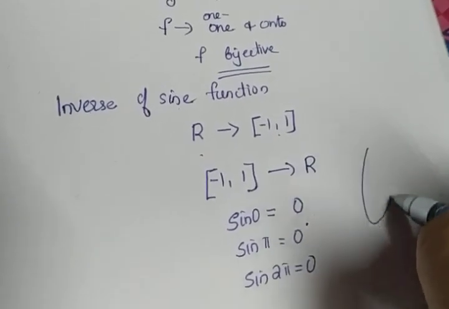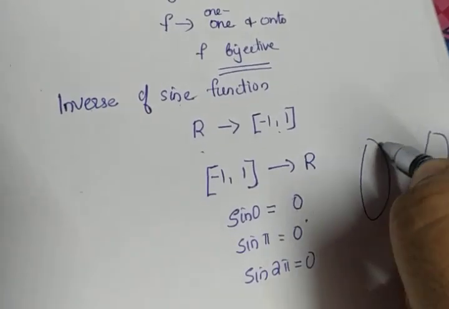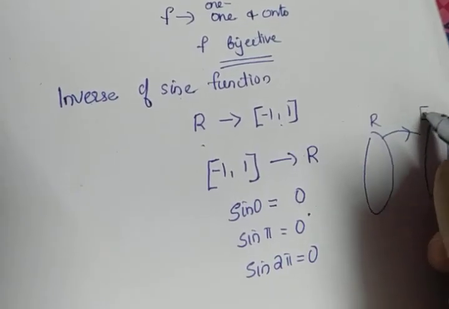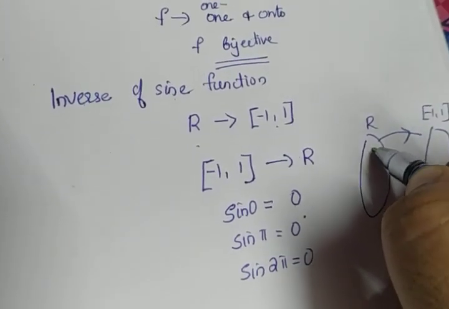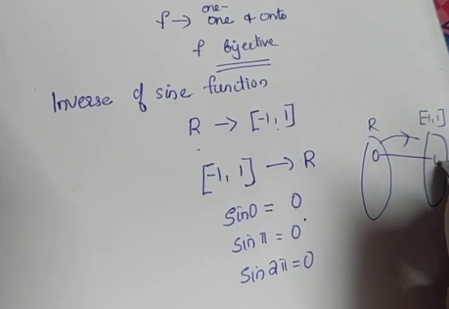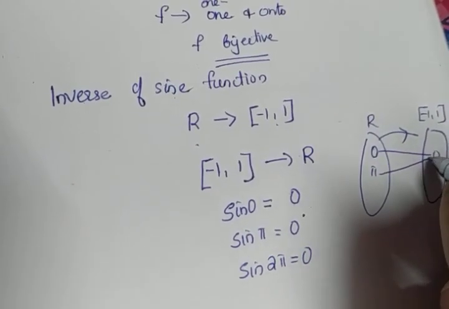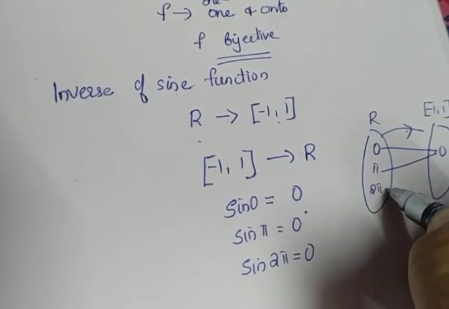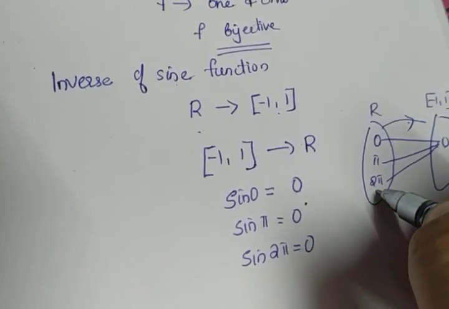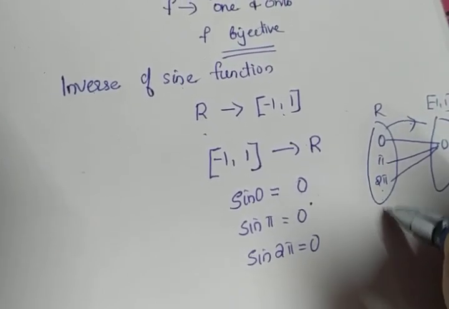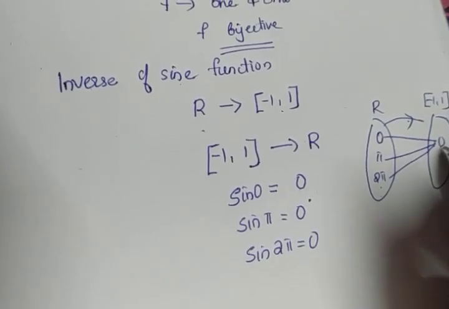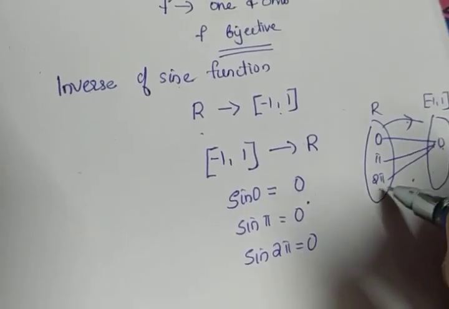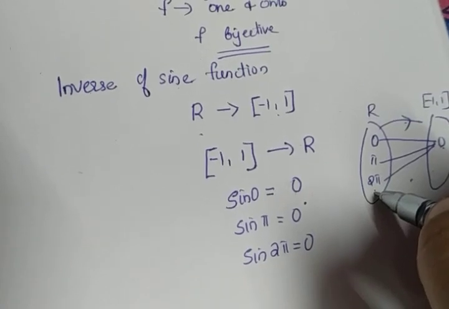So if I draw the function from R to closed interval minus 1, 1, sine 0 is mapped to 0, sine pi is mapped to 0, 2 pi is again mapped to 0, and 3 pi, 4 pi, 5 pi all have the image 0. That means the function is not 1, 1. If the function is not 1, 1, the inverse function does not exist. We are not able to find the inverse.